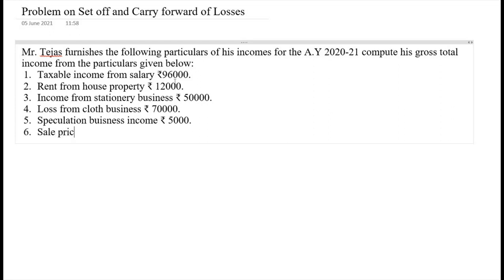Sale price of shares of A Limited, acquired on 1/6/2018 and sold on 1/5/2019, rupees 1 lakh.